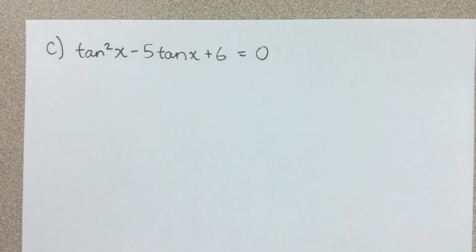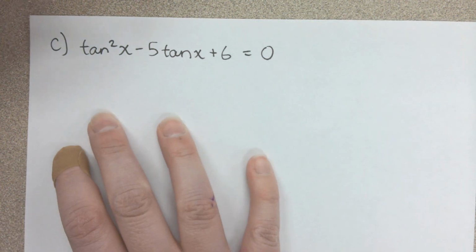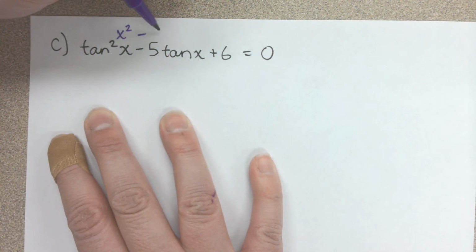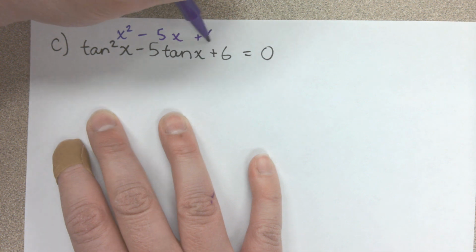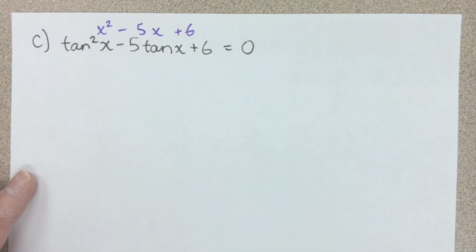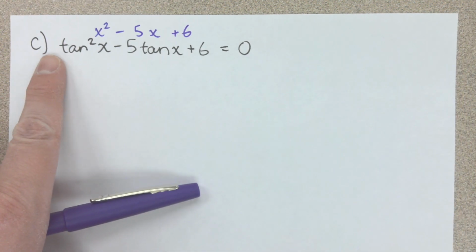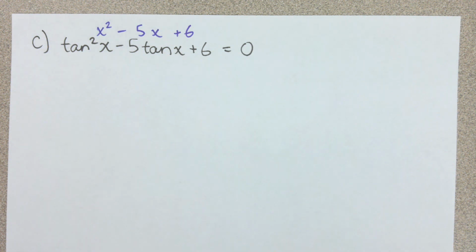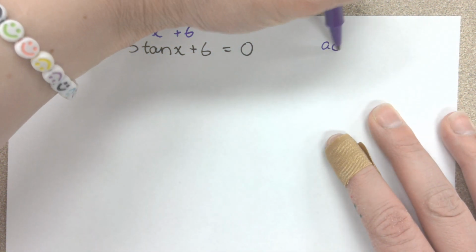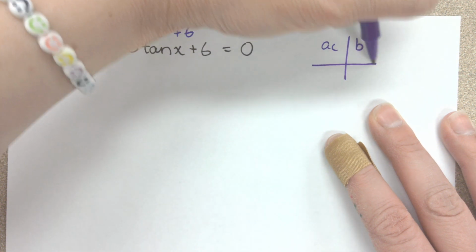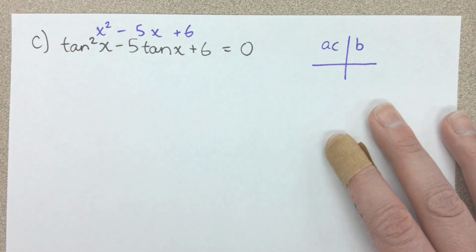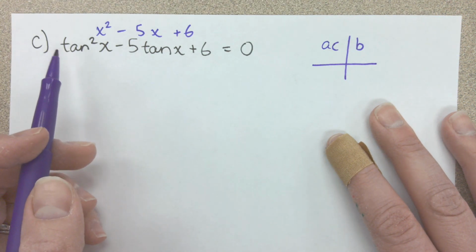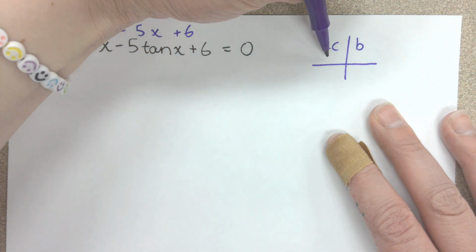Reminder, if you need to see this as just a plain algebra problem, you're welcome to write it with just x's. That would be x squared minus 5x plus 6 for comparison. No number in front besides 1, so this is just a very straightforward ACB chart to solve. AC, that's 1 times 6, that's 6.